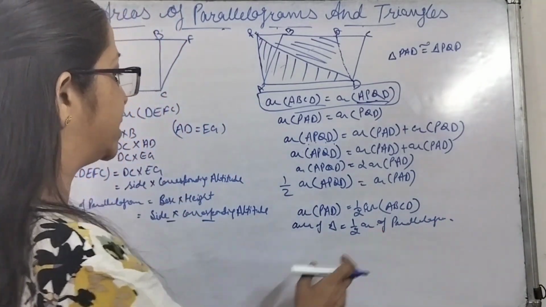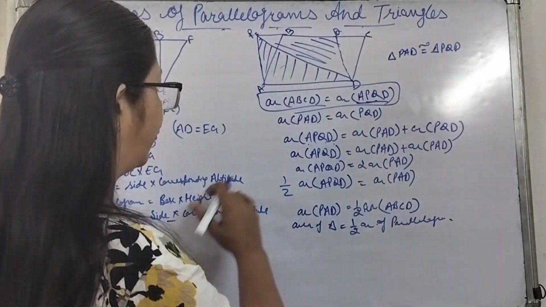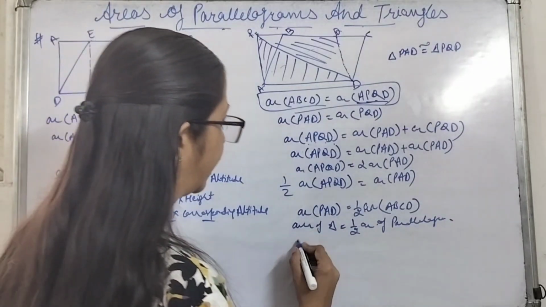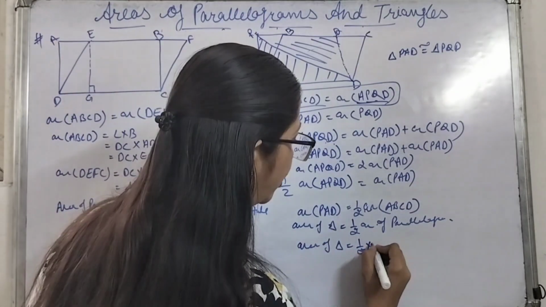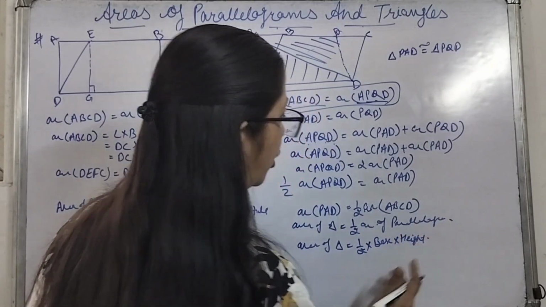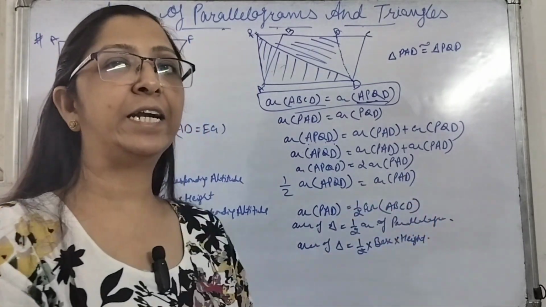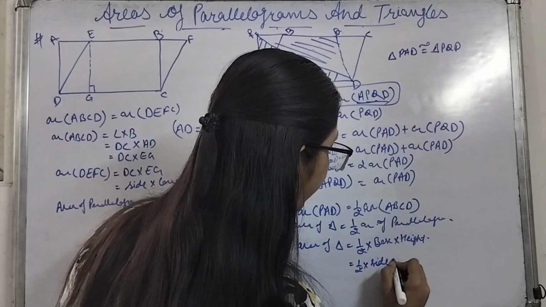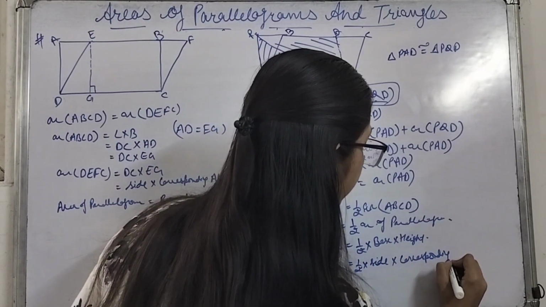Now just now we said that the area of the parallelogram is base into height, right? Whatsoever base we take, accordingly the corresponding height we take. So we can say that the area of triangle is 1 upon 2 into base into height, or whatsoever side we take as the base, accordingly the corresponding altitude.